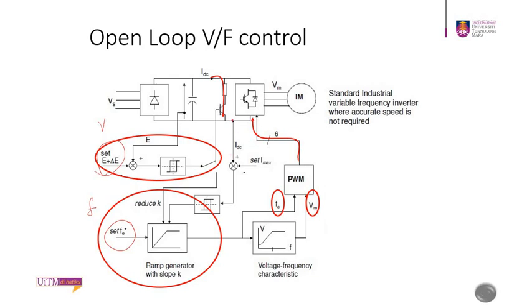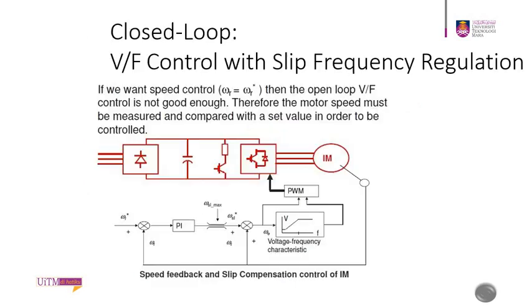This is the process where you want to keep a good ratio of V to F. Of course, if we want to control the speed, the open loop of the VF control is not sufficient.